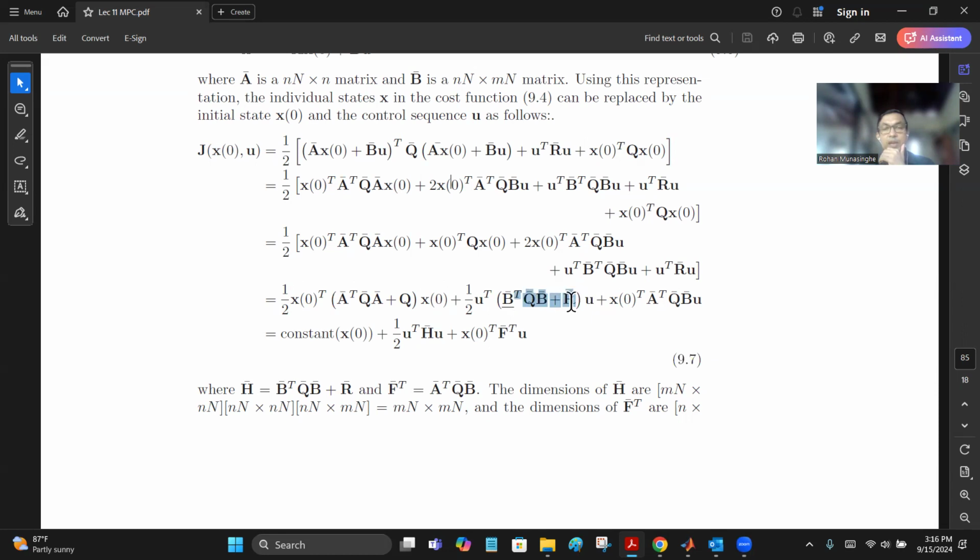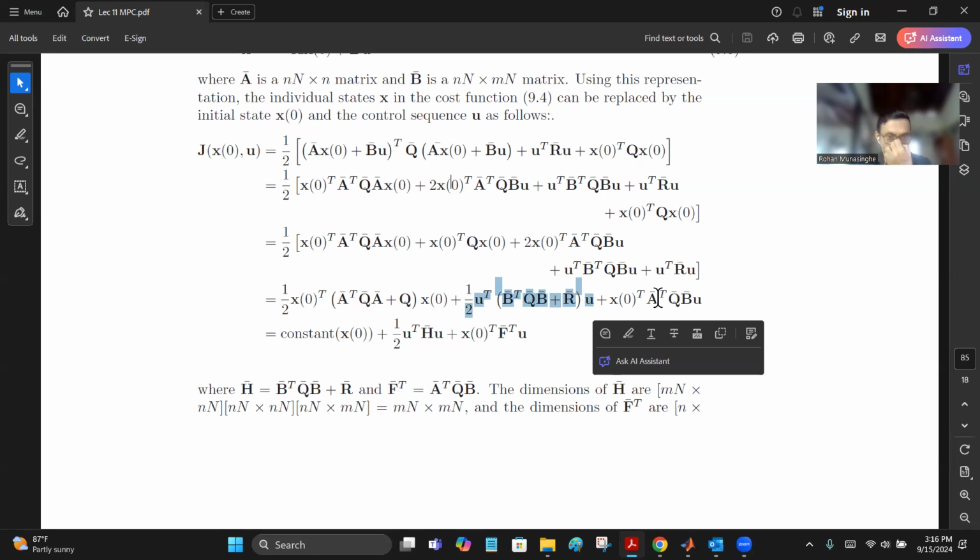The matrix term in the middle, the second term, we write as h bar, so that this one will be written as half u transpose h bar u. And then the last term, we have a bar transpose q bar u bar.